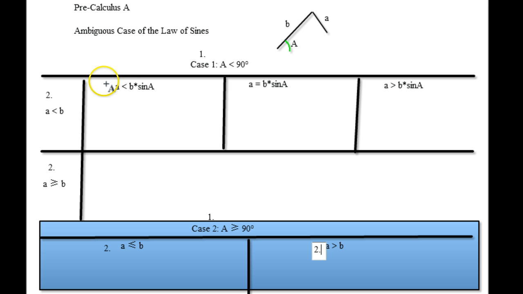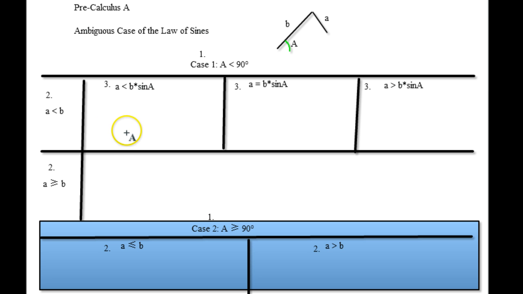And lastly, this one's the trickiest one, because you have to look at these three situations. So this would be the third place you would look for your adventure in law of sines. Okay, so this doesn't pop up very often.